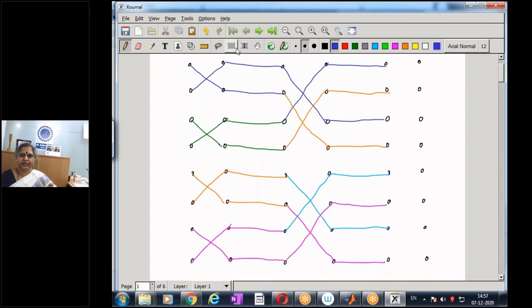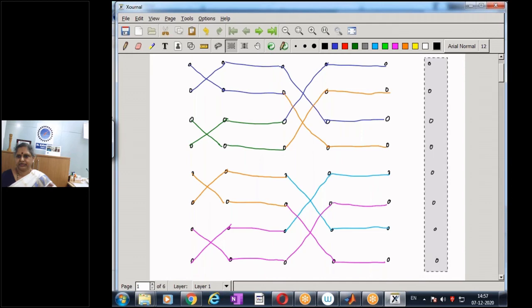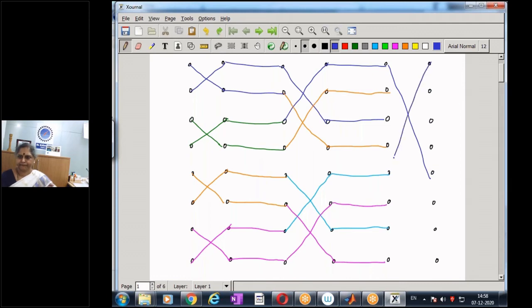So now I need to have the last stage computation, which is going to be combining these two 4-point DFTs into a single computation. So let's do that. This is my one.